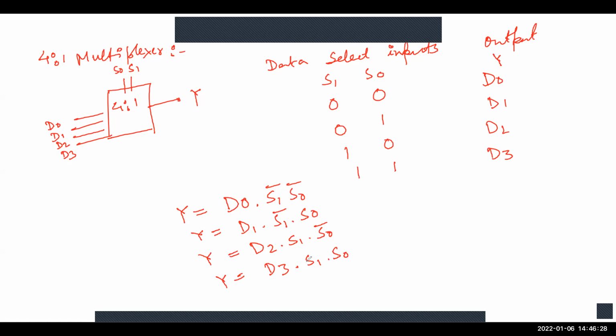Okay, so here we are getting the 4 terms actually.